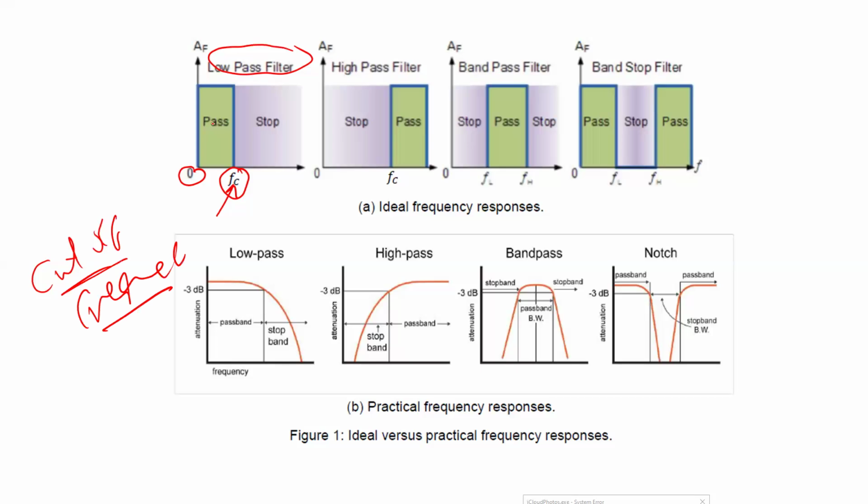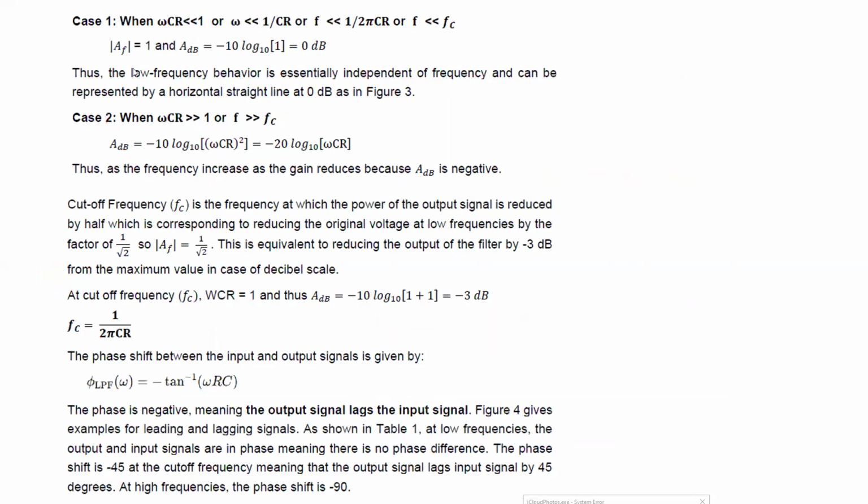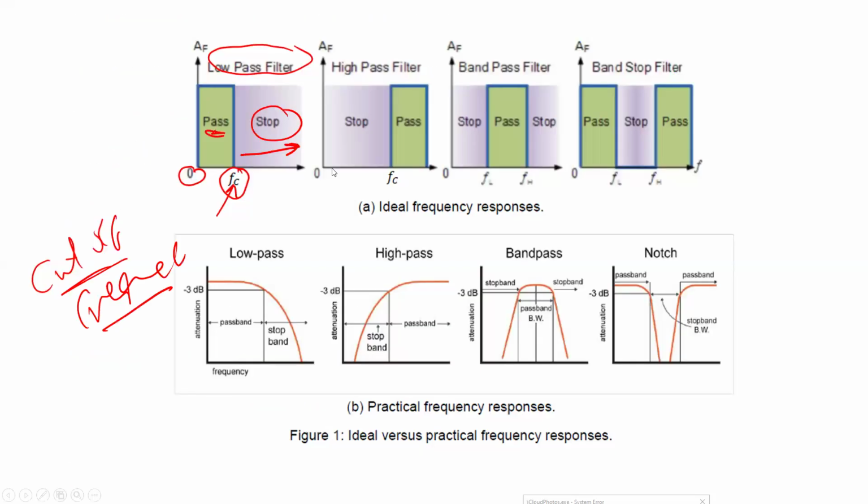All these frequencies should pass. Any frequencies greater than FC should be blocked. So again, a low pass filter should pass any frequencies from 0 until the cut-off frequency.